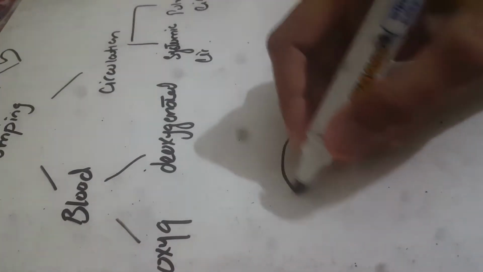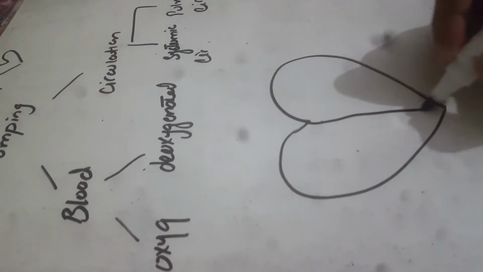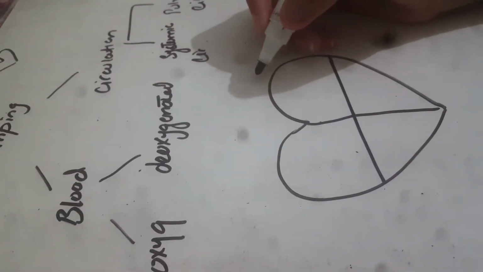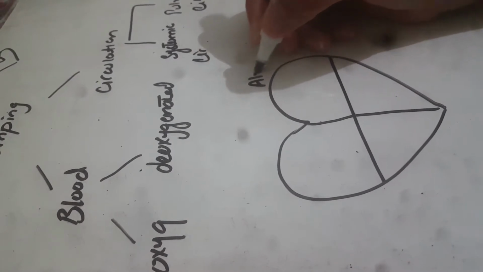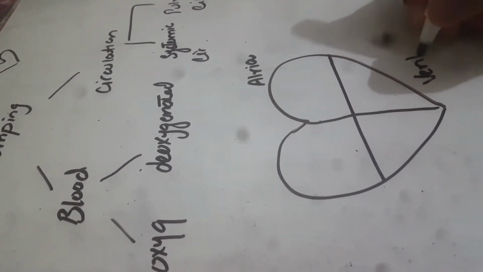The heart is a muscle, right? And it has 4 chambers. The upper portion of the heart is the atria, as we all know, and the lower compartment is known as the ventricle. This is a very basic concept.